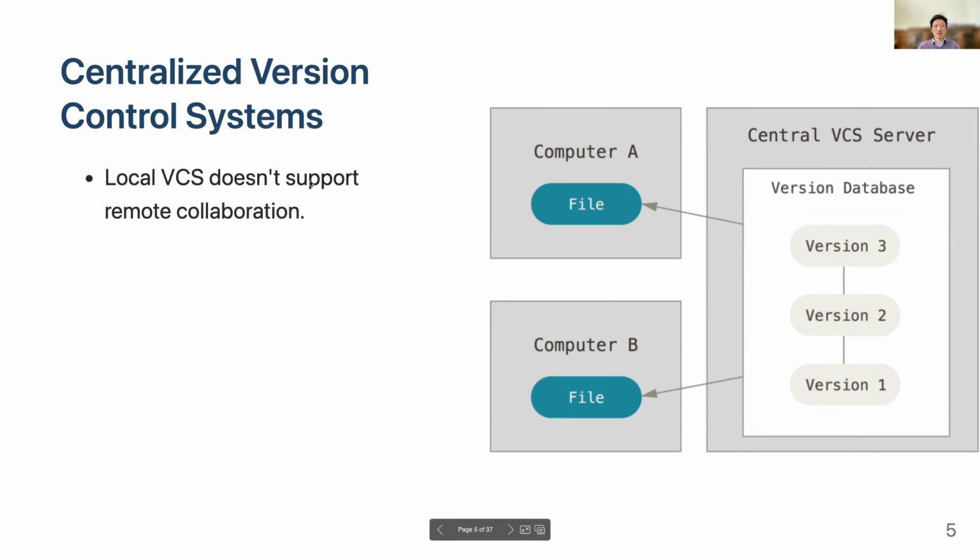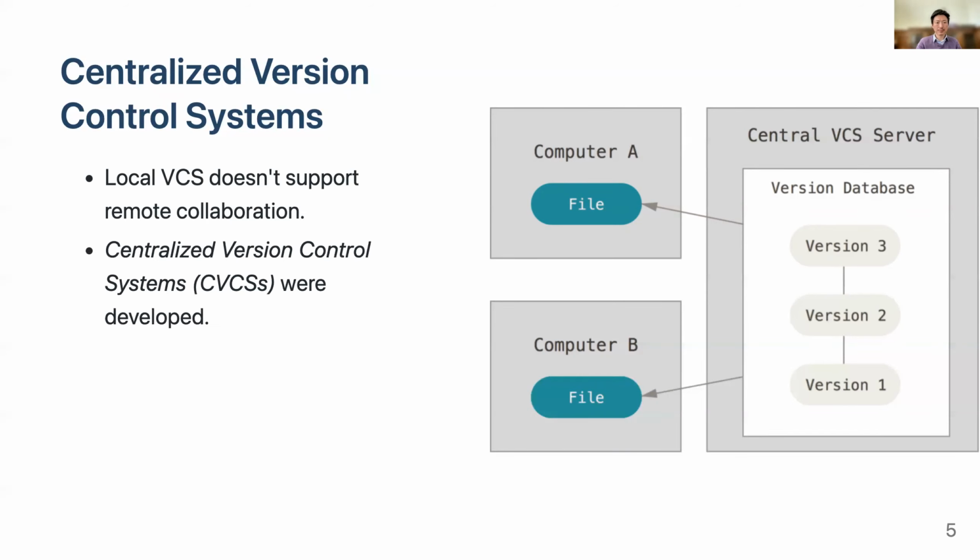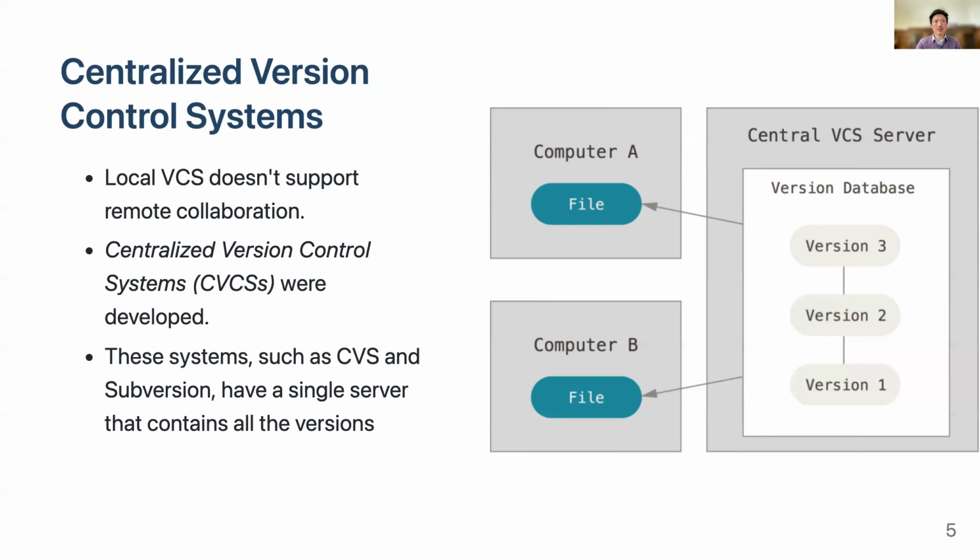So that's to address the issue that a local version control system does not support remote collaboration. So you have a team, you have the code and the changes on your computer, other people cannot see it. Okay, and so this is why this system is created.